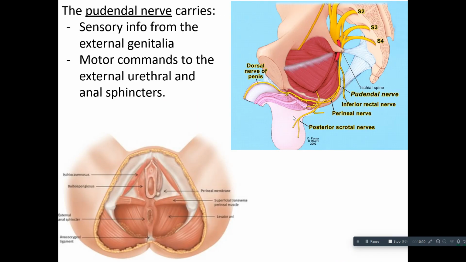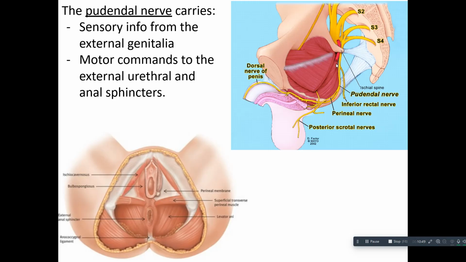All right, our final nerve is the pudendal nerve. The pudendal nerve is going to carry sensory information from external genitalia, so penis and scrotum in men, labia, clitoris, vagina in women. And this nerve also sends motor commands to the sphincter muscles that surround the urethra and the anus.